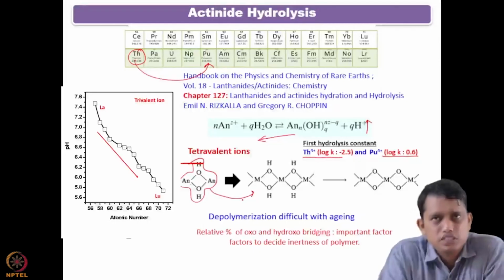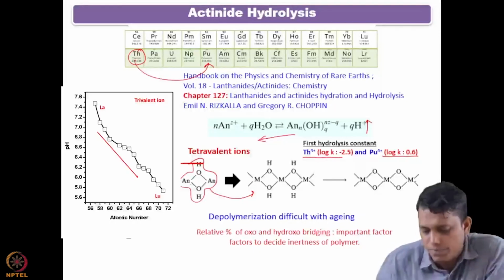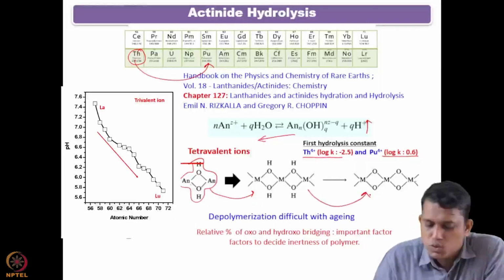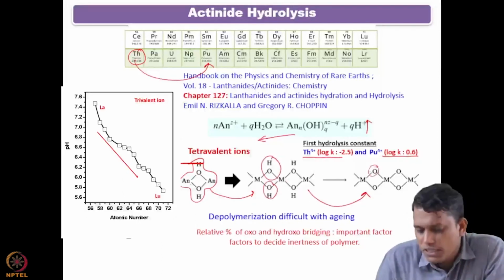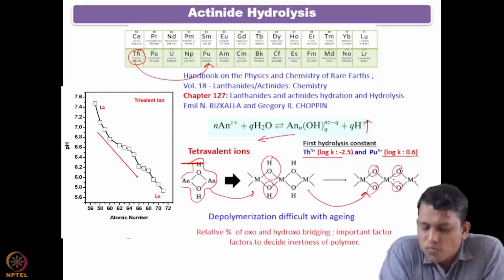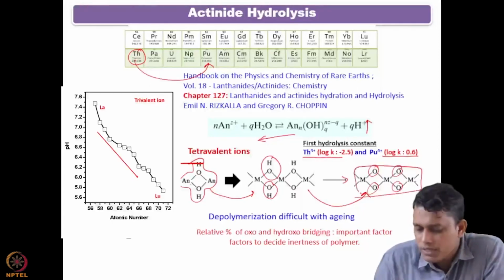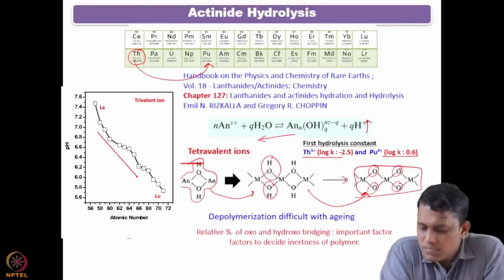They make this kind of structure, and if you leave it even longer, they will make this kind of structure. You can see some of the hydroxy groups are now removed, and there are oxo groups. Oxolation is happening. The tendency of formation of this is very, very slow, but if it has formed, its solubility just by increasing the acid of the medium is very, very poor.